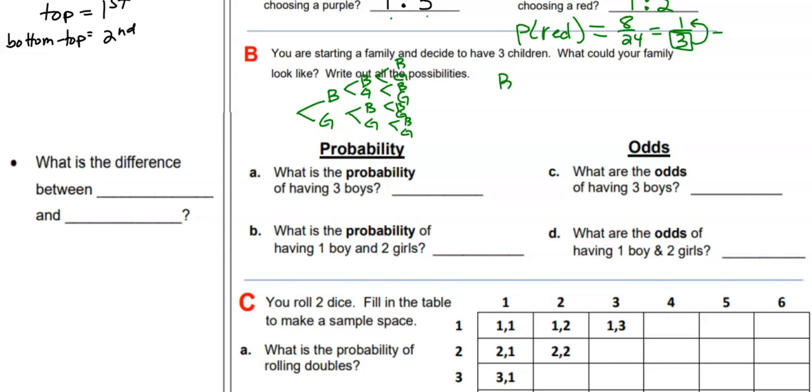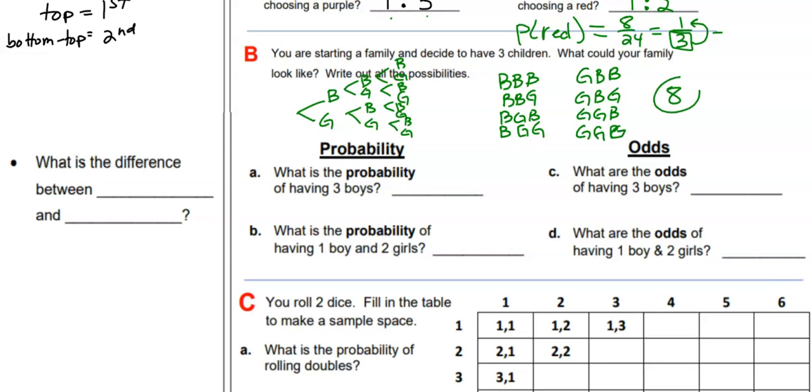So we could have boy, boy, boy; boy, boy, girl; boy, girl, boy; boy, girl, girl; or we could have girl, boy, boy; girl, boy, girl; girl, girl, boy; and girl, girl, girl. So 8 possible outcomes.